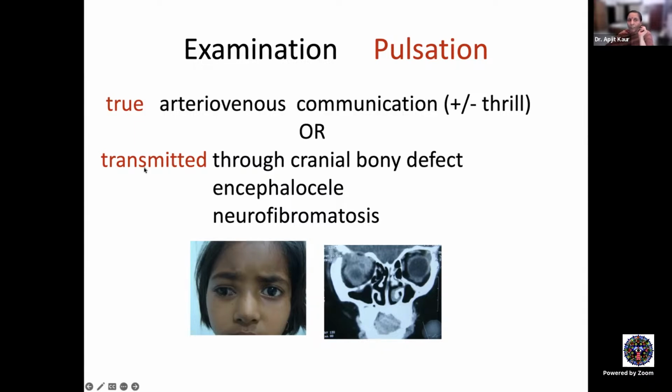Whereas the transmitted pulsations come from something else which is pulsating outside of this lesion, like the brain. So if you have a meningoencephalocele, it is not the meningoencephalocele that is pulsating. What is pulsating? The brain is pulsating. And here is a defect through which this pulsation is being transmitted.